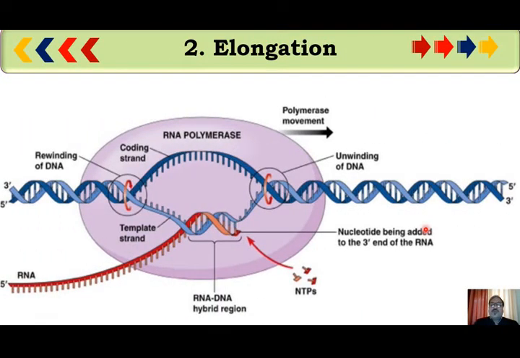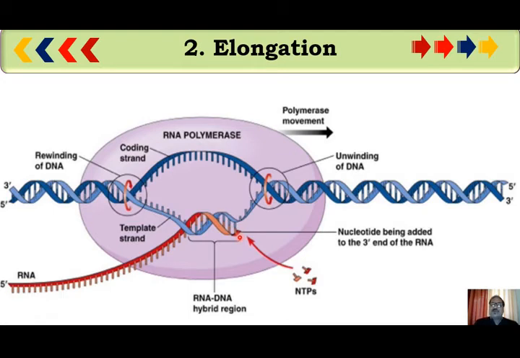Now, during elongation, the RNA polymerase moves along the DNA molecule, melting and unwinding the DNA helix as it progresses. The enzyme adds ribonucleotides to the 3' end of the growing RNA molecule, with the order of addition determined by the order of the bases of the template strand.